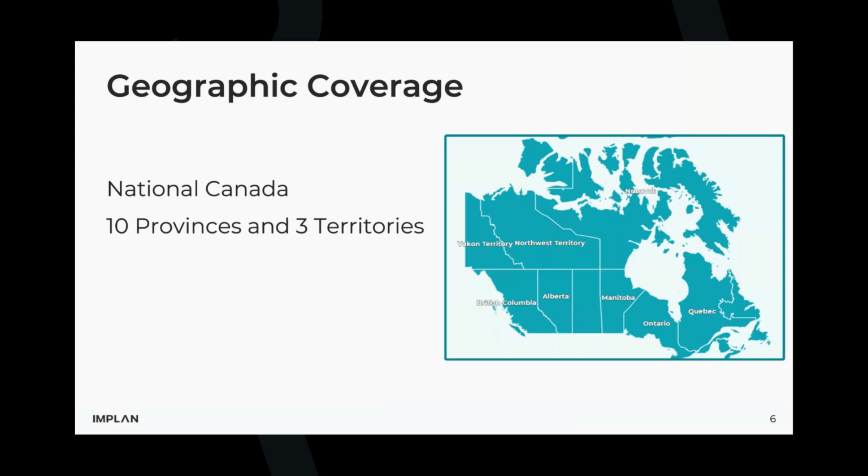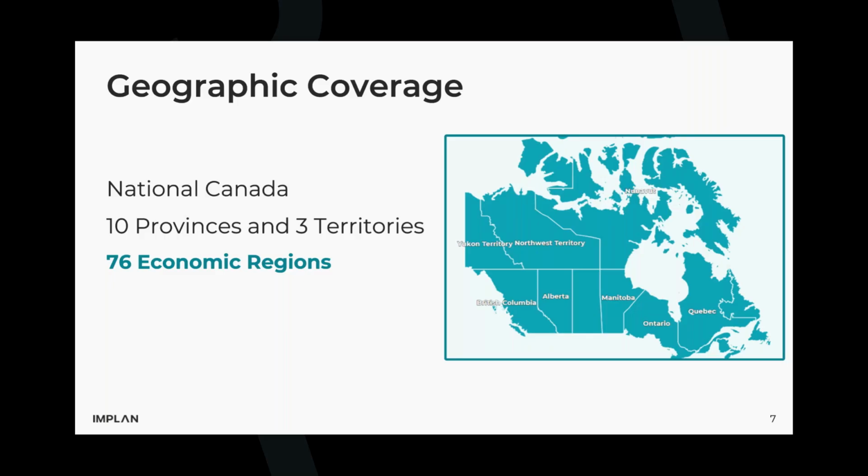One of the first things that you'll want to know is the geographic coverage of IMPLAN Canada. So in the past, IMPLAN has offered aggregate national level Canadian data, as well as more granular coverage of 10 provinces and 3 territories. That changed just last night with the addition of the sub-provincial data, which now adds 76 new economic regions.